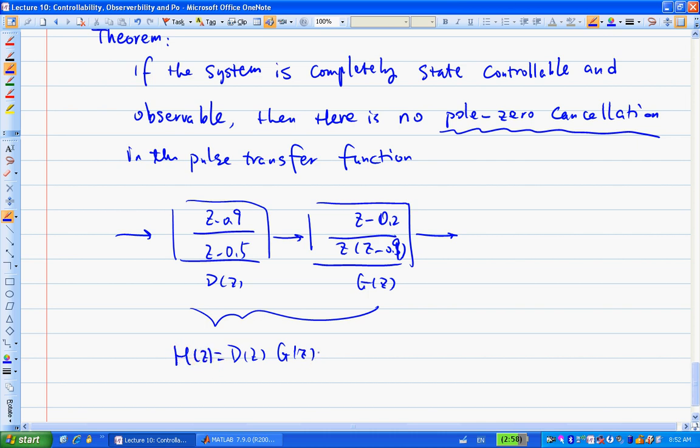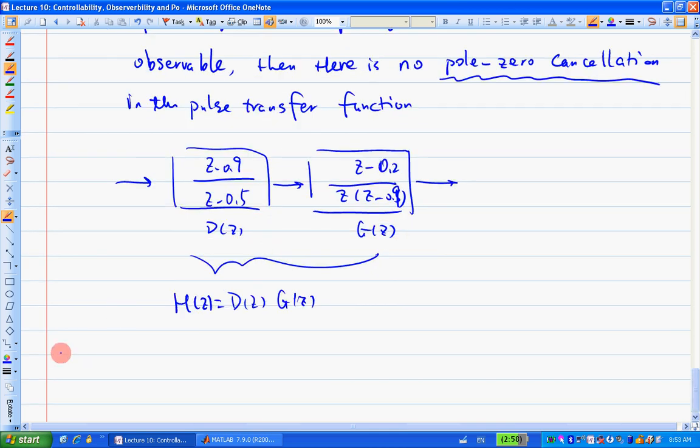So if you look at the discrete model for this H over z, and look at the state controllability and observability, because of this pole-zero cancellation, the system won't be state controllable and observable here. Let me give you a simple example to illustrate this idea.